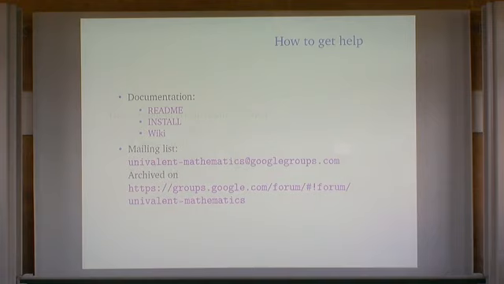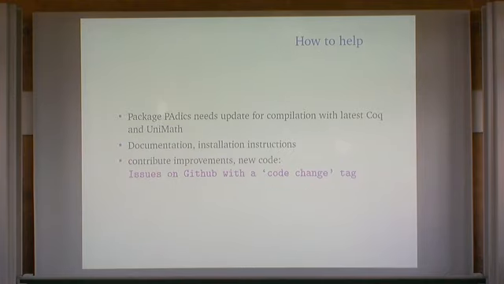How to get help? Yeah, we have documentation that is very partial, unfortunately, but for everything that is not explained in the documentation, we have this mailing list where friendly people respond, hopefully. And if, on the other hand, you choose to help in the development of Unimath, then there are a few tasks that are easy to attack.